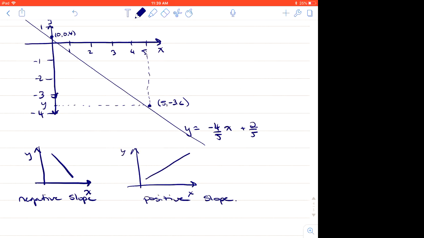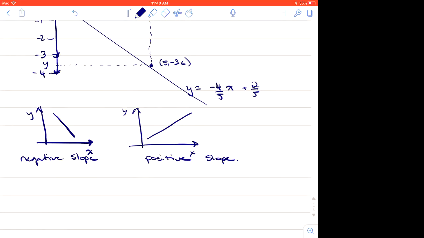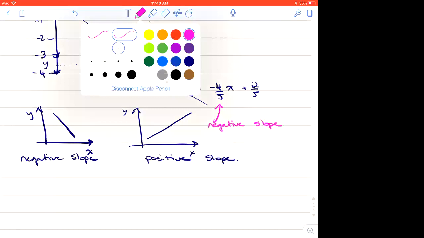We knew it was going to be a downward slope because our slope is negative 4 over 5. That's negative, so we have to have a negative slope. I'll just highlight here that we have a negative slope, negative 4 over 5.